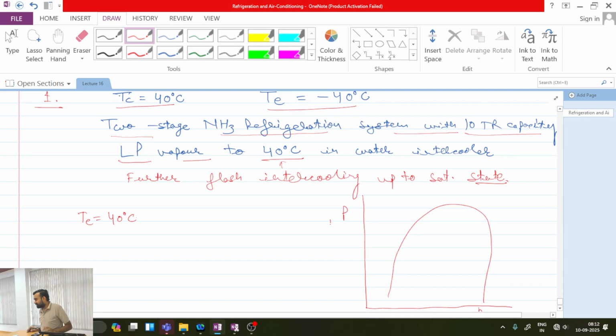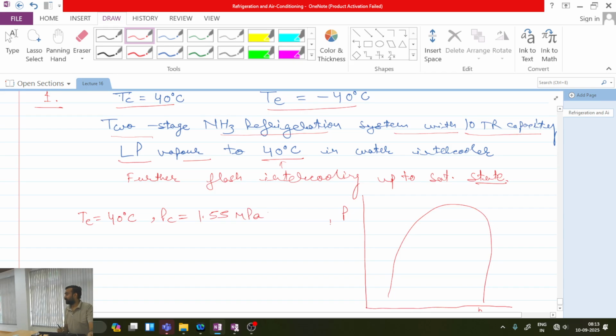Corresponding to 40 degrees Celsius, if I go to the saturated property table, then whatever is the saturation pressure given over there, that will be nothing but my condenser pressure. Okay, so can you tell me how much is the condenser pressure corresponding to this condition? 1.55 MPa, correct. So PC is nothing but 1.55 megapascals.